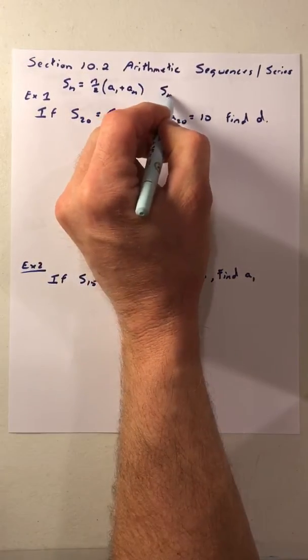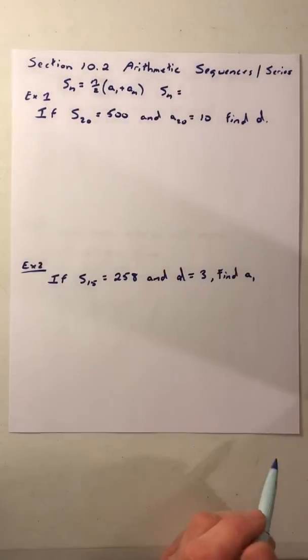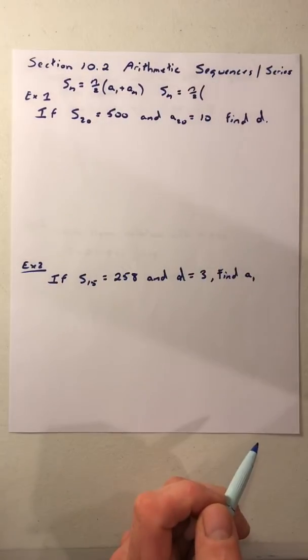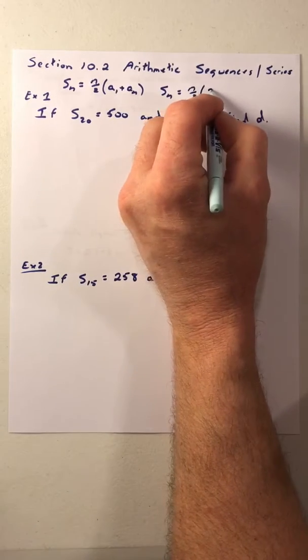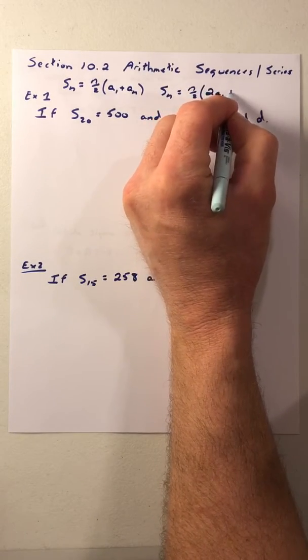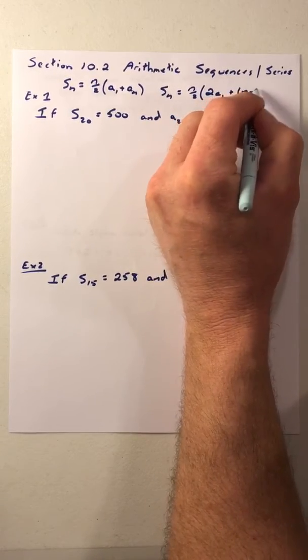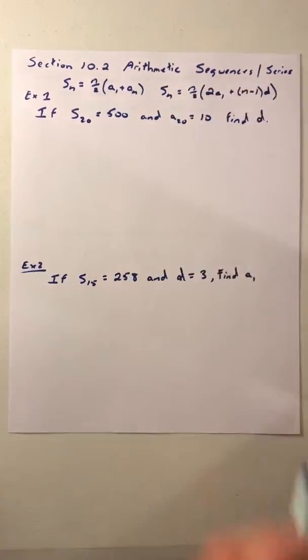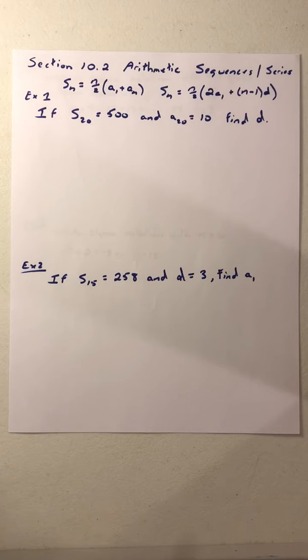The second formula was S sub n equals n divided by 2 times the quantity 2 a sub 1 plus the quantity n minus 1 times d, where d was the common difference. We're going to use either one of these, or possibly both of these equations, to solve a problem.